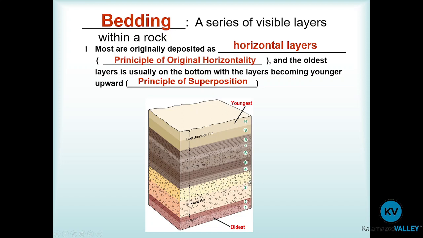If it were below, then it would be older. But this mudstone would be older than this sandstone, and this mudstone would be younger than this sandstone. So it's all relative to what layer you're talking about. But the oldest will be deepest, and the youngest will be most shallow. Make sense?